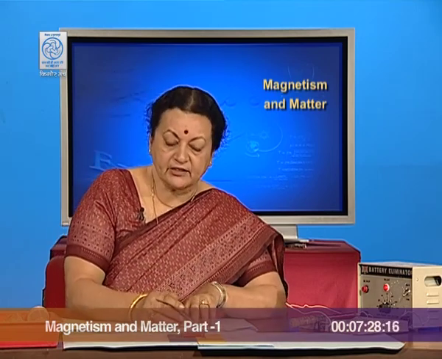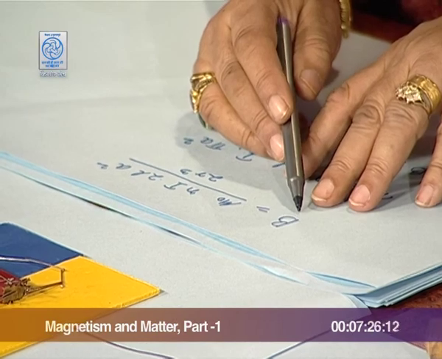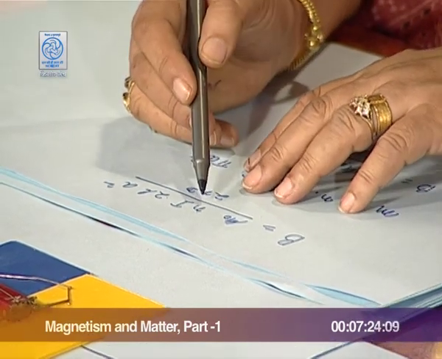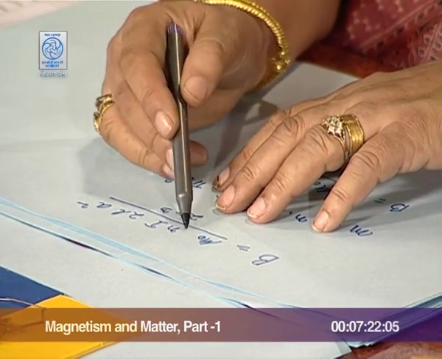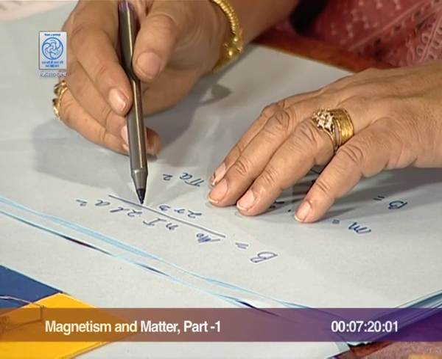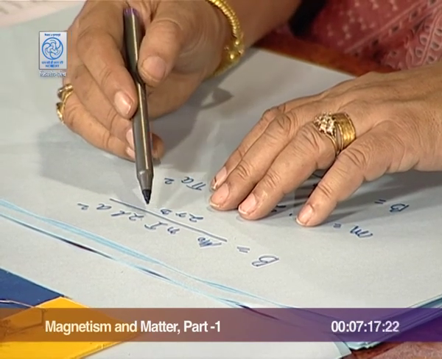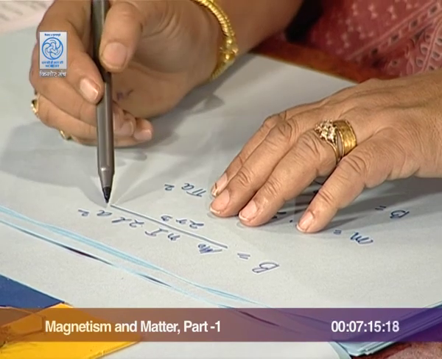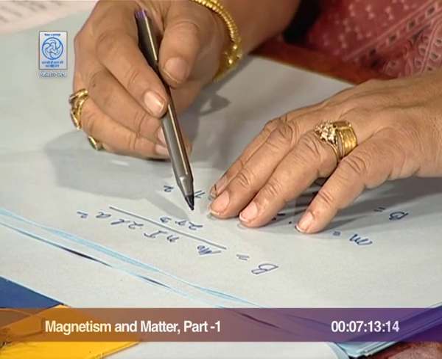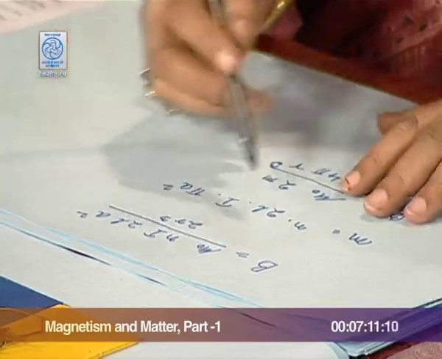So, we now get this expression: B is equal to mu naught n I, n being the total number of turns and I the current, a squared upon 2 r cubed.